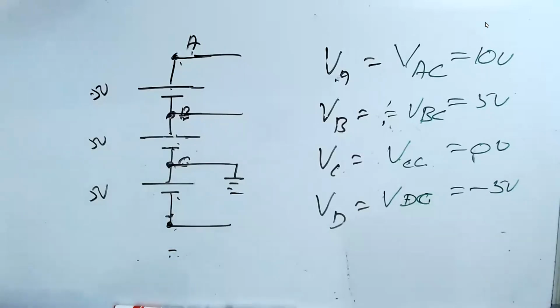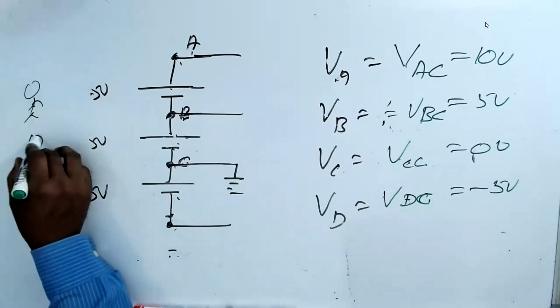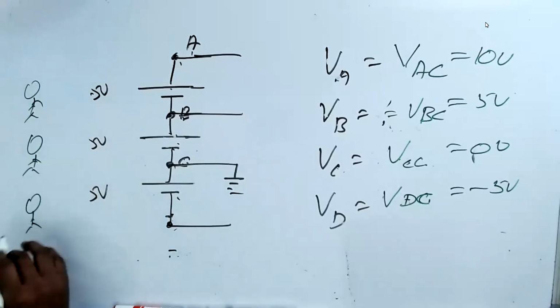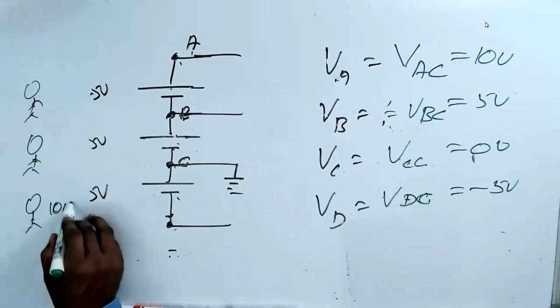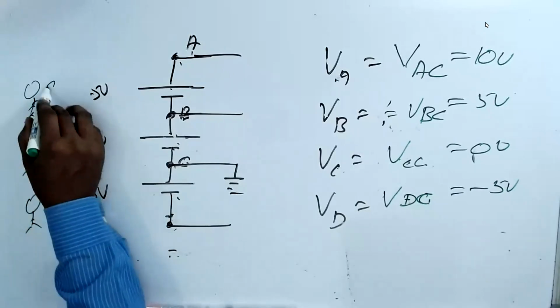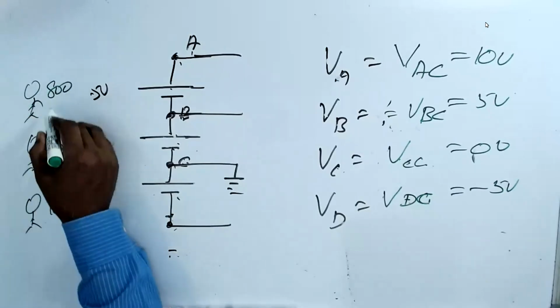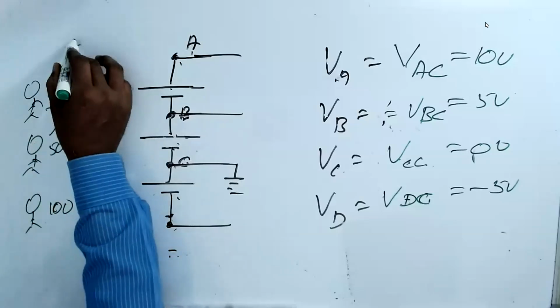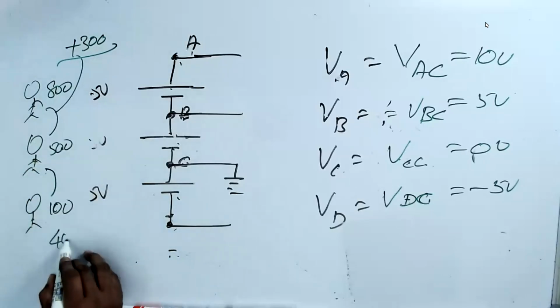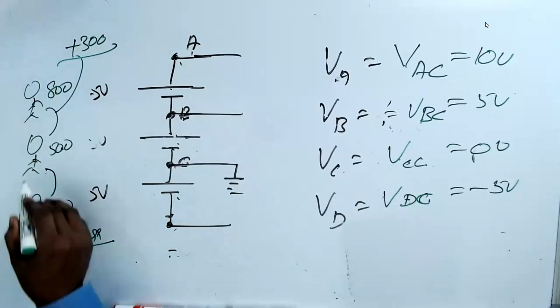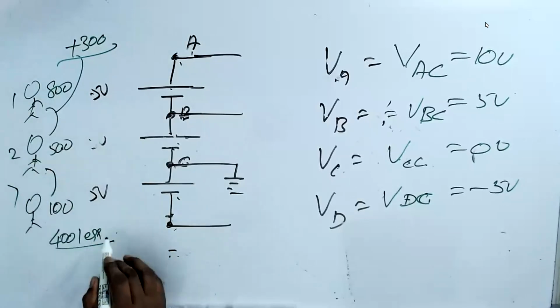Now you understand what minus voltage is. Because I have 3 people, if we make this guy 100 rupees, this guy having 500 rupees, this guy having 800 rupees. This guy is 300 rupees more than this guy, whereas this guy is 400 rupees less than person 2.